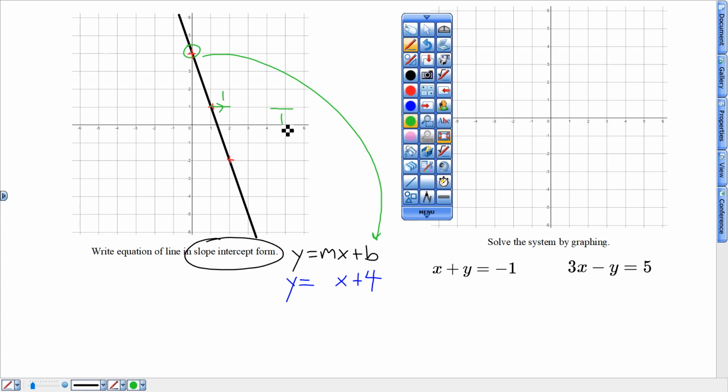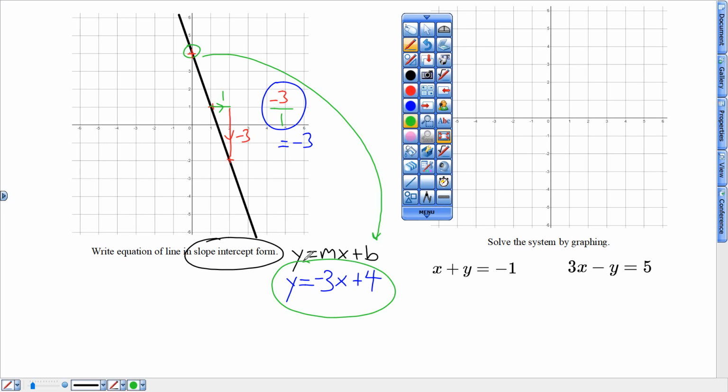That's my run. And then from there, I'm going down 3. It's tempting to put 1 on top, but don't. That's going to be -3 on top. And then that divides and gives me -3. That is that equation written in slope-intercept form, y equals -3x plus 4.